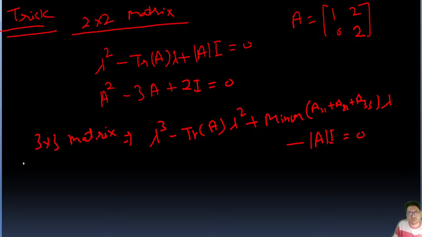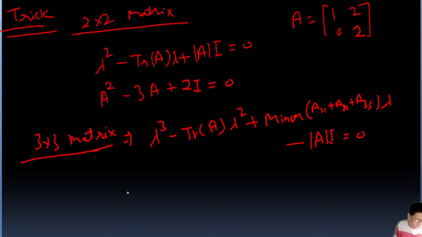This is very important. For a 3 cross 3 matrix, we can directly write the characteristic equation like this.